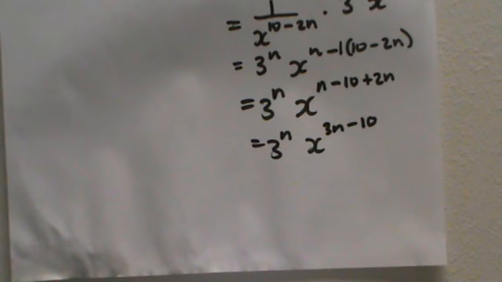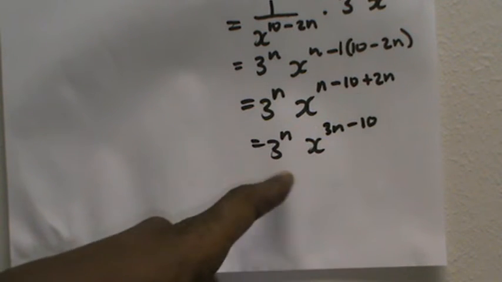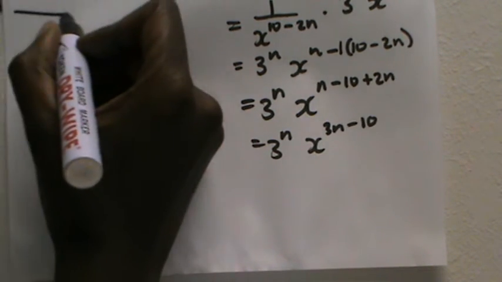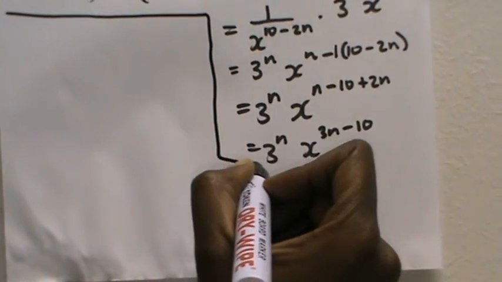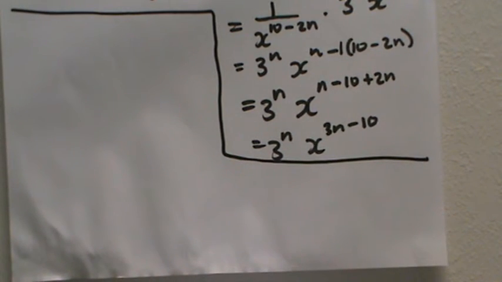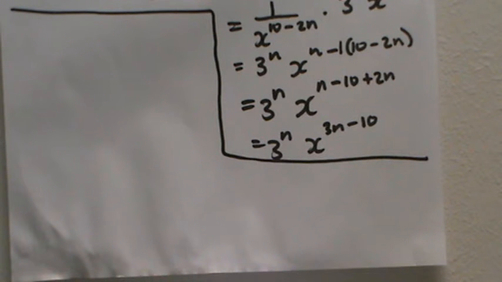Okay, so you can see what I have over here, 3n minus 10, and that 3n minus 10 must be equal to 2 because I want the coefficient of x squared. I'm going to write it over here just for space, but when you write it in your exams, let it just flow downwards, because I don't have much space.